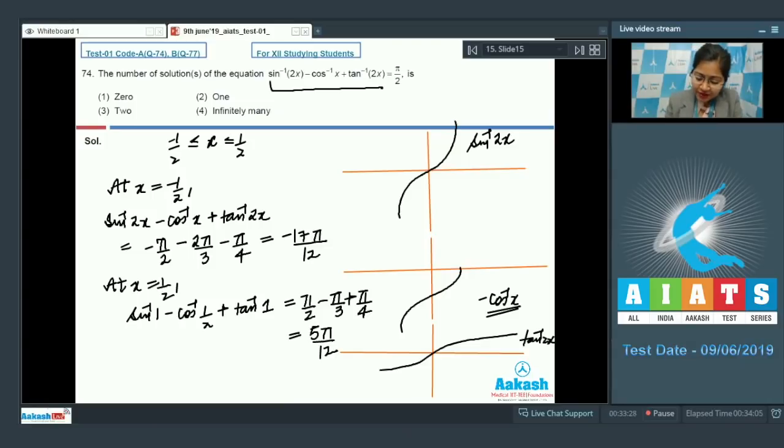So we can say that the range of this function is from minus 17 pi by 12 up till 5 pi by 12. Now it can be seen that pi by 2 is greater than 5 pi by 12, which means that there will be no solution of this equation. So the number of solutions will be 0, which means that option number 1 is the correct choice.